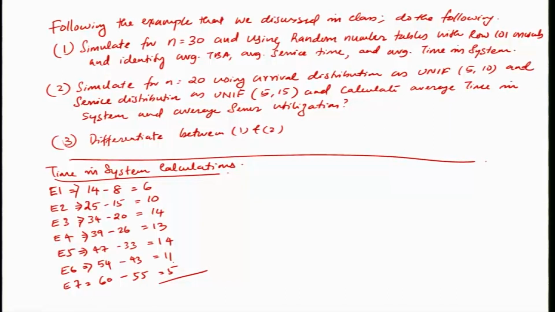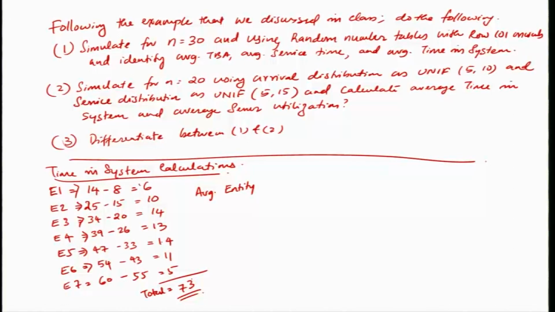So, these are the individual entity times in system. The total will be 5 plus 6, 11, 11 plus 4, 15, and so on, giving 73 time units.